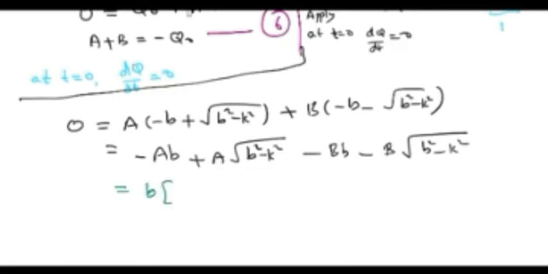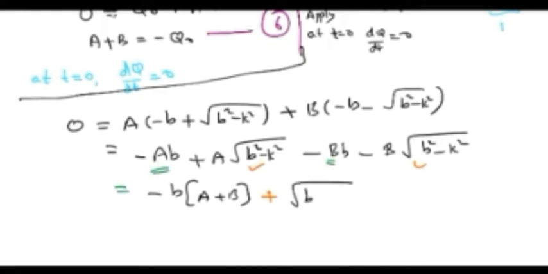From these two terms, if I take minus b outside, this will be A plus B, and from the other two terms, if I take root of b square minus k square outside, I have A minus B equal to 0.